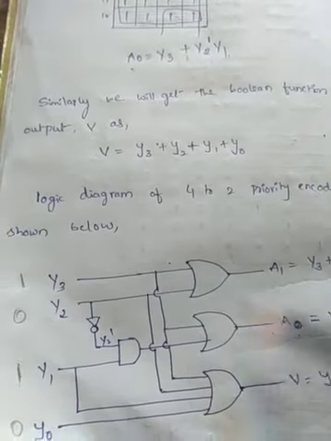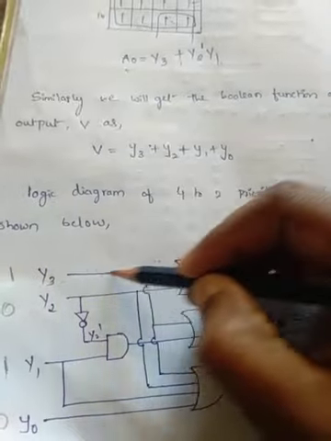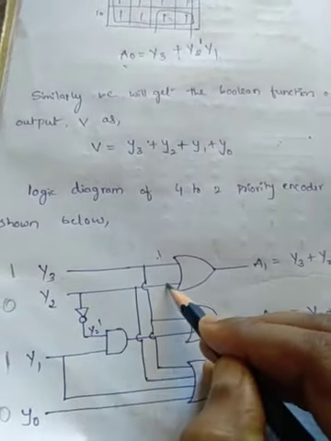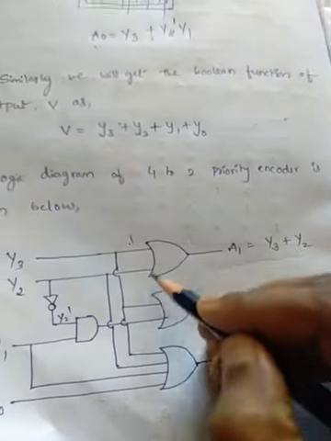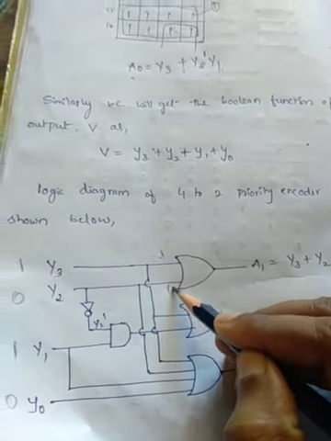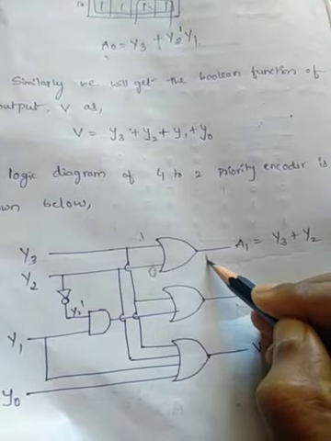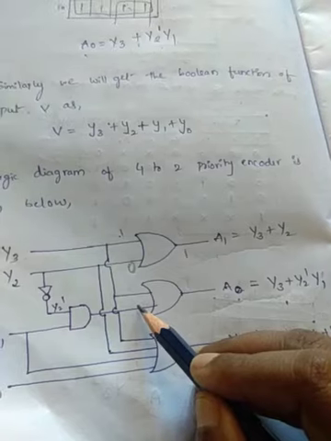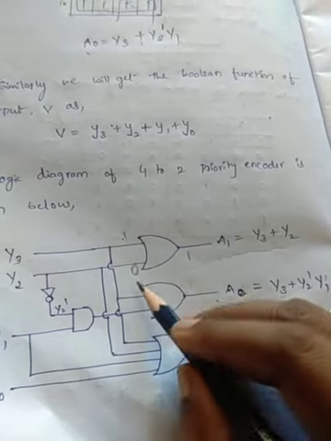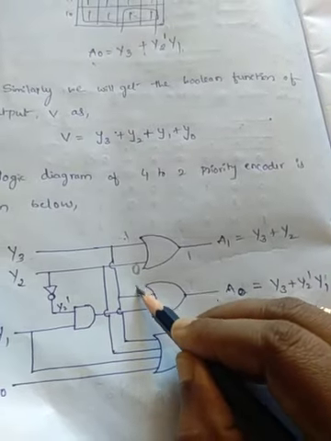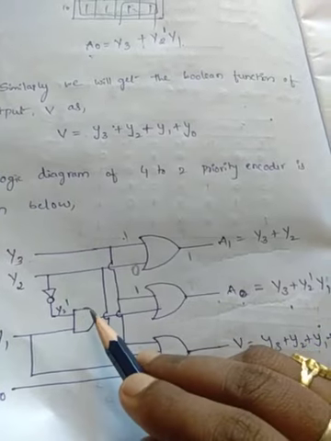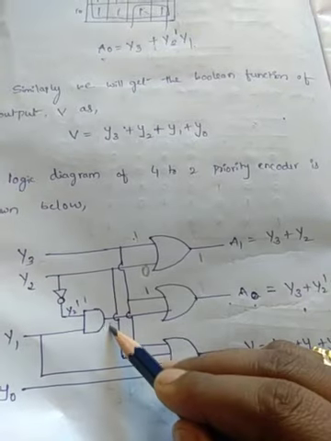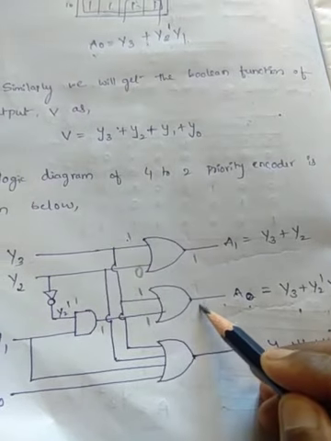Let us check how it works. Yes, it will work. y3 is 1, so here 1, and y2 is 0, so here 0. Here a0 is y3 plus y2 dash into y1, so y3 means 1, plus y2 dash is 1, so 1 into 1 is 1, here also we get 1.